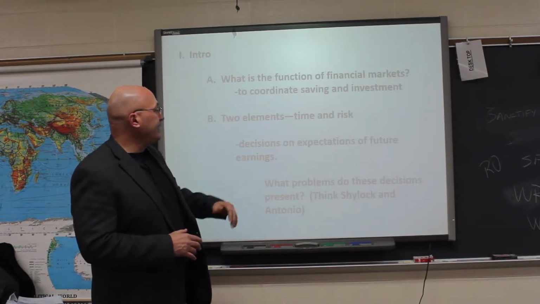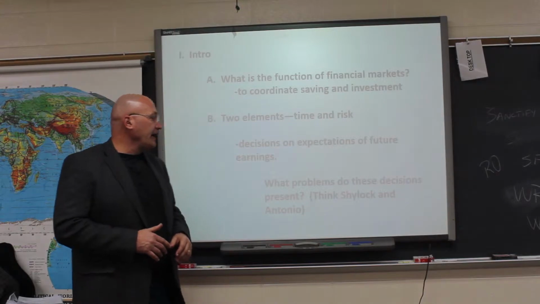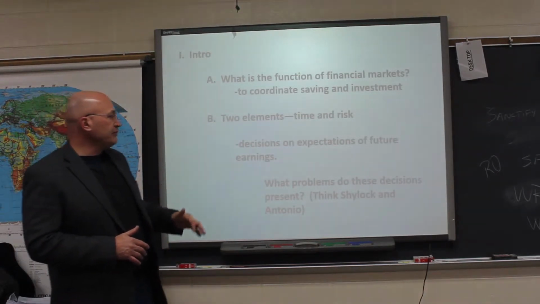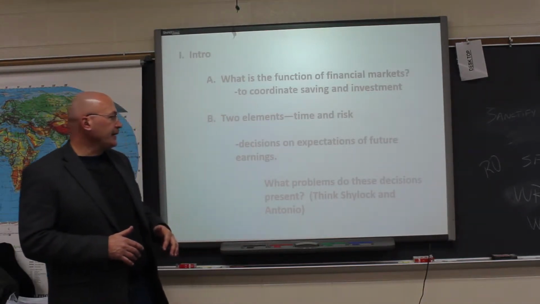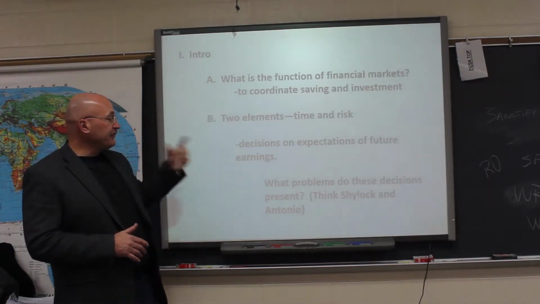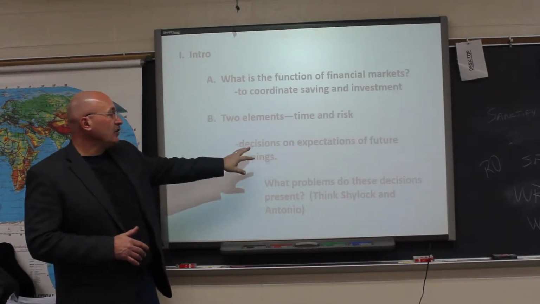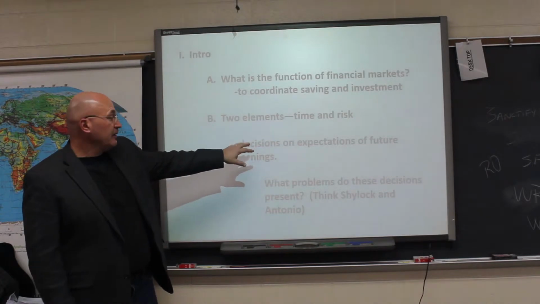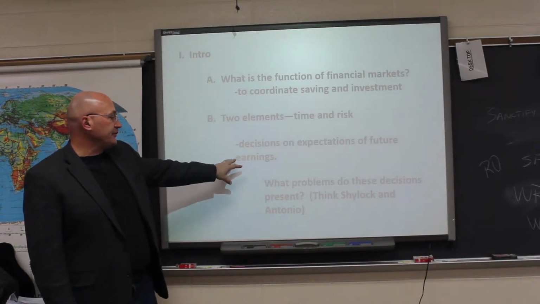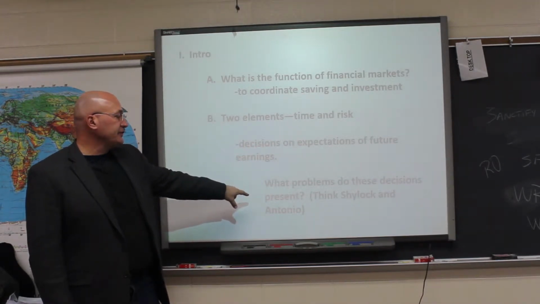When we're talking finance, we want to talk about time and risk, and they're closely related. We're going to have some decisions we have to make when we're investing money. What are our expectations? What problems do these decisions present?